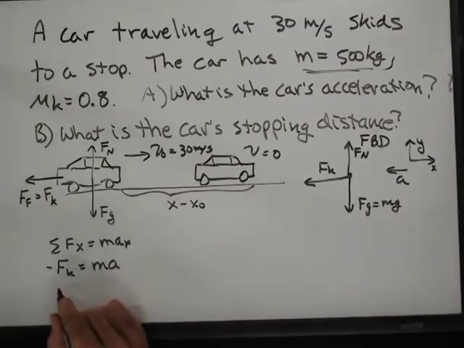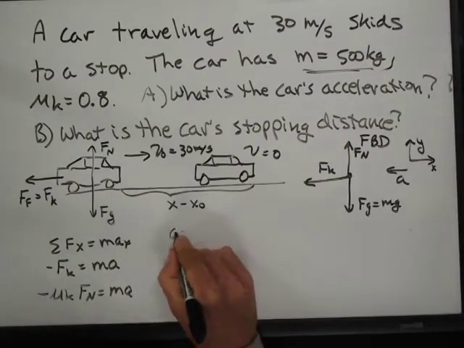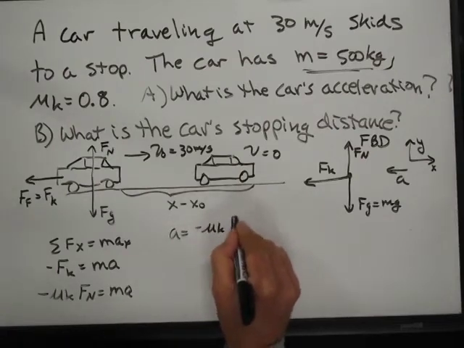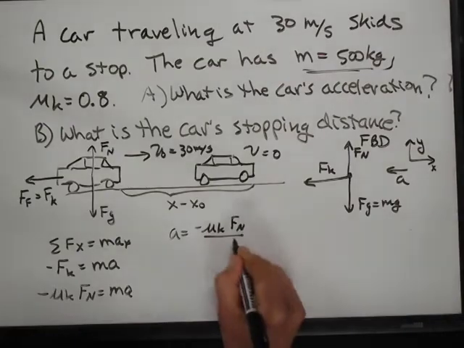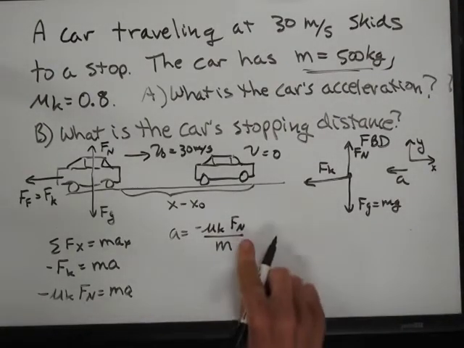And that tells me that mu sub k times the normal force is equal to ma with a minus sign in front, right? That means the acceleration is equal to minus mu sub k times the normal force divided by the mass, right? But what is the normal force?